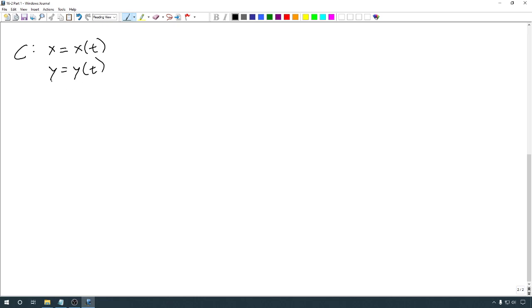So a curve in 2 dimensions could be written in parametric equations. In 3 dimensions, we have a third equation. Or we can also write this as a vector valued function. So some r of t, which has components of x and y. Or if we're working in 3 dimensions, we also have a z. These are just two different ways of writing the same curve.